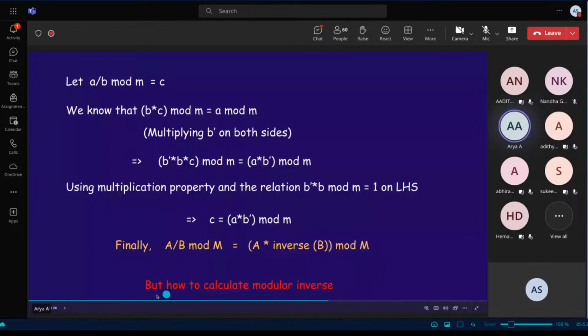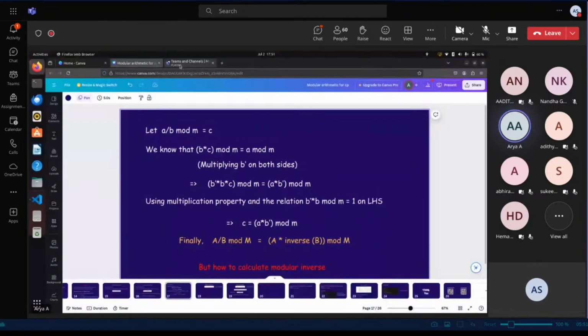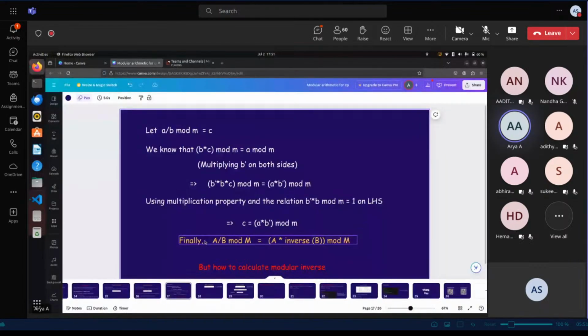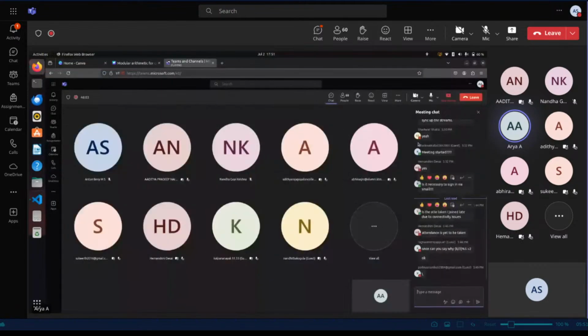All right. Do you have any doubts till now? Now we have created one formula for division. Before I proceed further, if you have any doubts, you can type it in the chat.